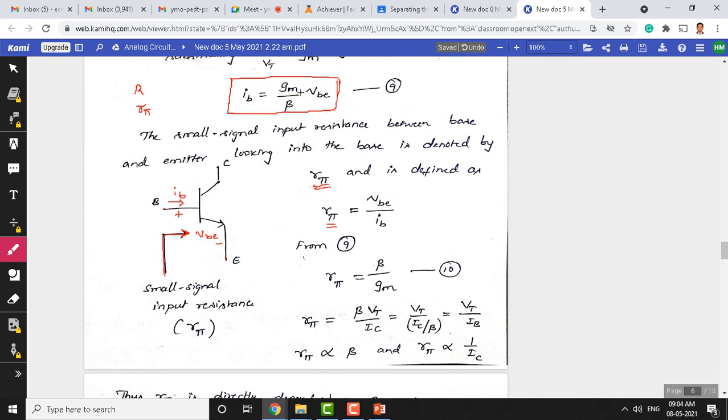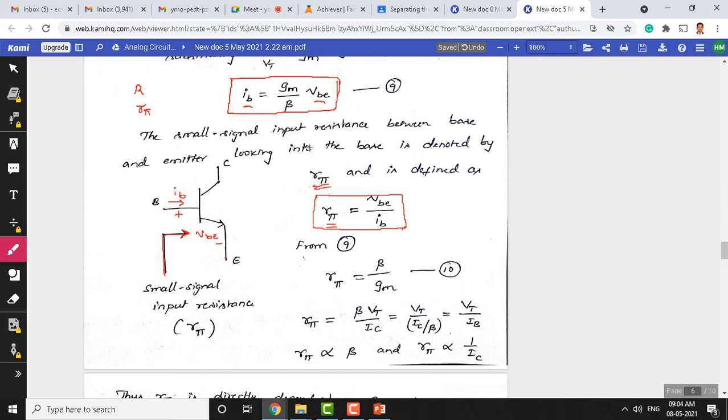Now from equation 9, as you can see here, this is the definition of R pi. Just remember this. Resistance means it is a voltage by current. It is a natural definition, VB by IB here. And even if you observe this equation 9, there is a VB on the right hand side and there is an IB on the left hand side, right? Just we take the ratio VB by IB, what does it give you? It gives you equation 10, which is nothing but beta by GM.